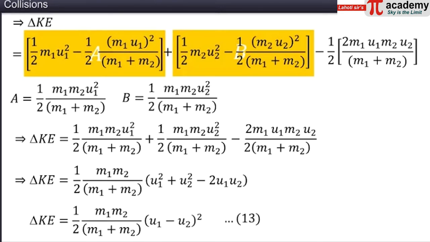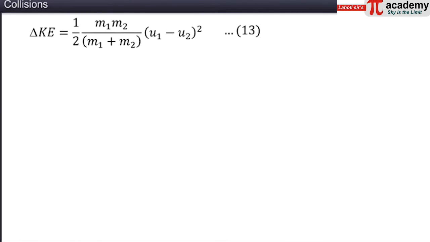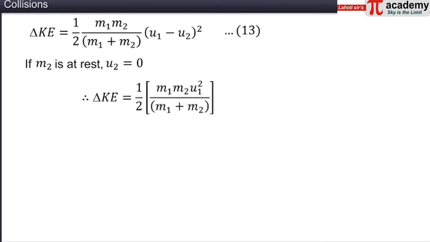Let this be equation 13. In case the second body of mass m2 is at rest before the collision, we have u2 equal to 0, and then the loss in kinetic energy is equal to half m1 m2 u1 square by m1 plus m2.